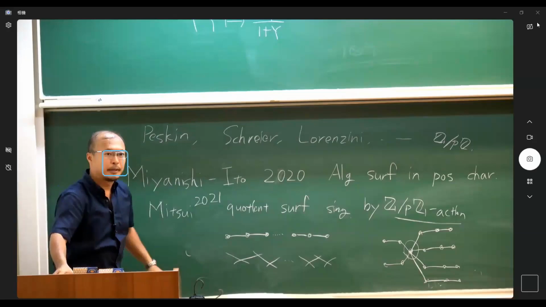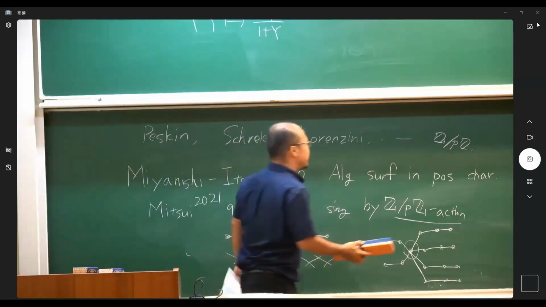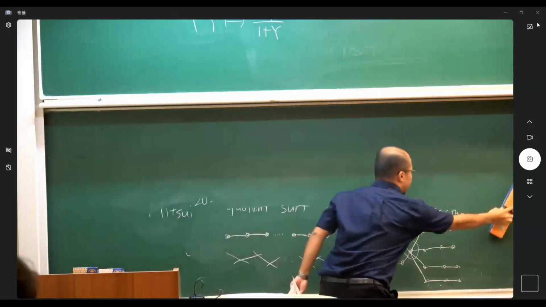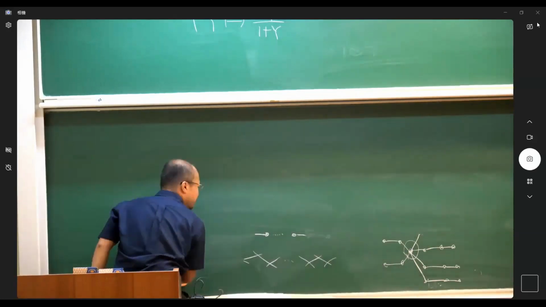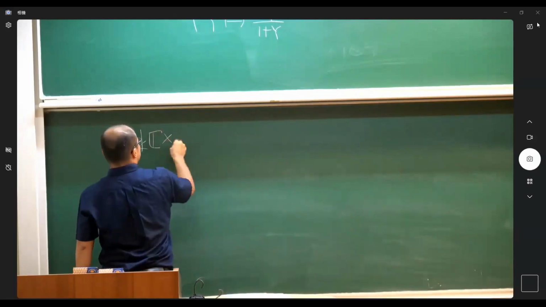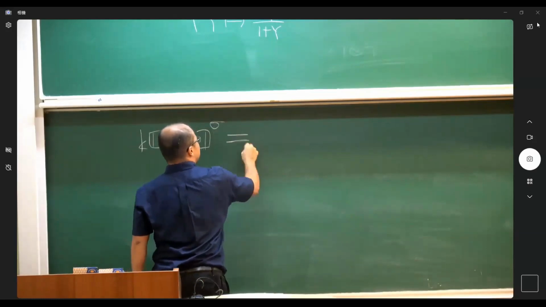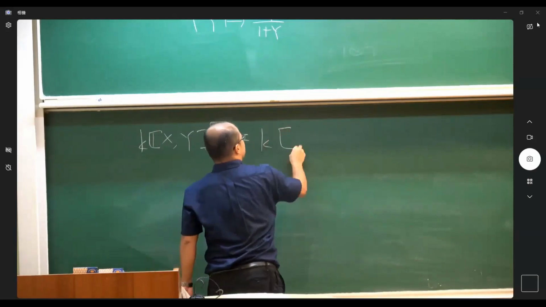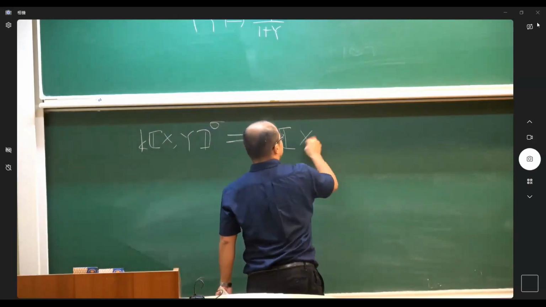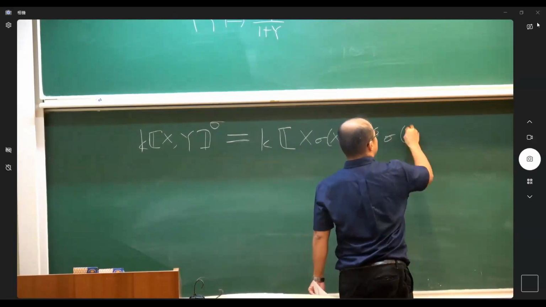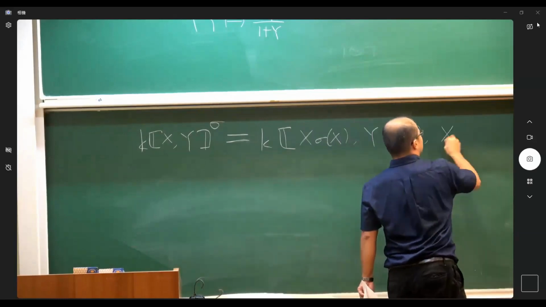In algebraic geometry, the quotient scheme is given by the spectrum of the invariant ring. In this case, the invariant ring is generated by two norms and one more element.